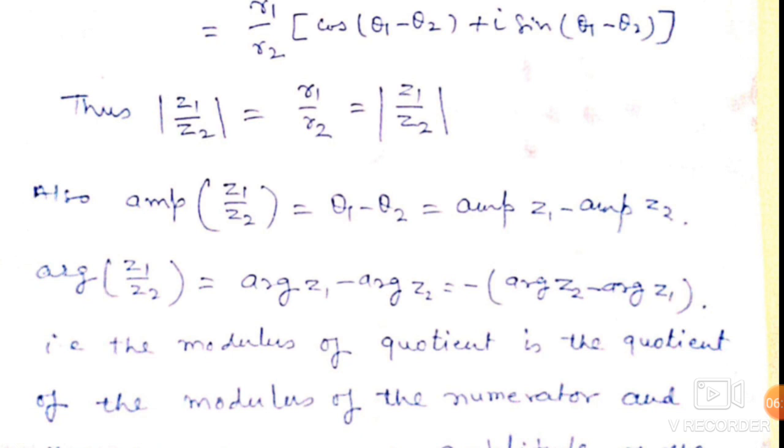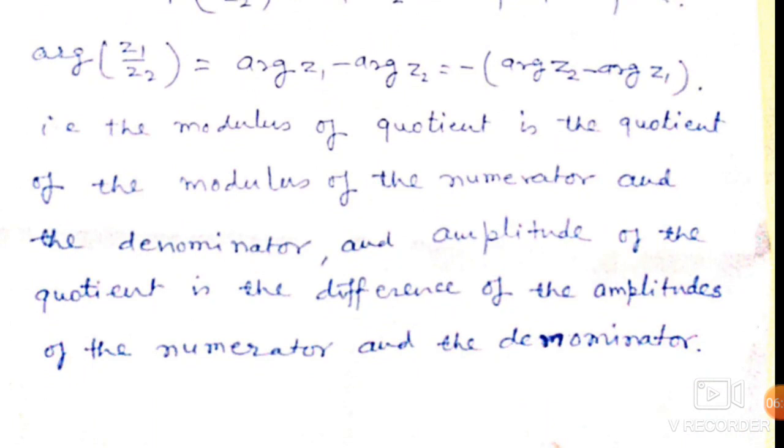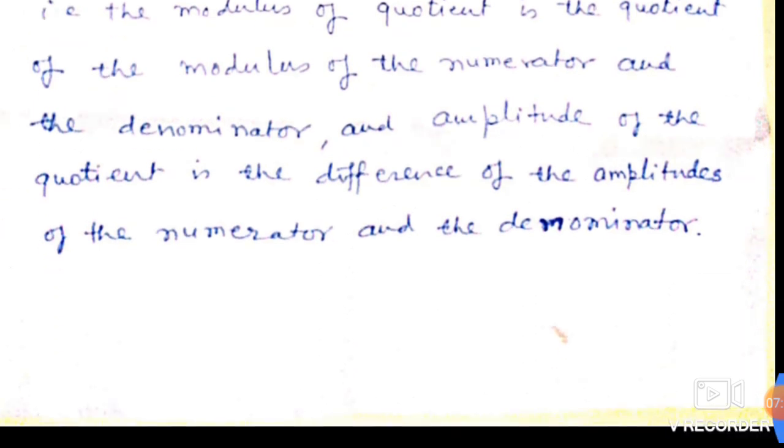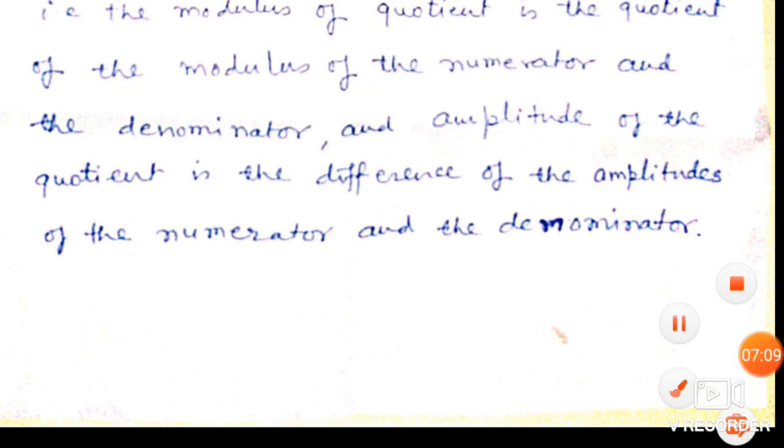Arg of Z1 over Z2 equal to theta 1 minus theta 2 equal to arg Z1 minus arg Z2, which is equal to minus of arg Z2 minus arg Z1, which implies that the modulus of quotient is the quotient of the moduli of the numerators and the denominators, and amplitude of the quotient is the difference of the amplitudes of the numerators and the denominators. Thank you.